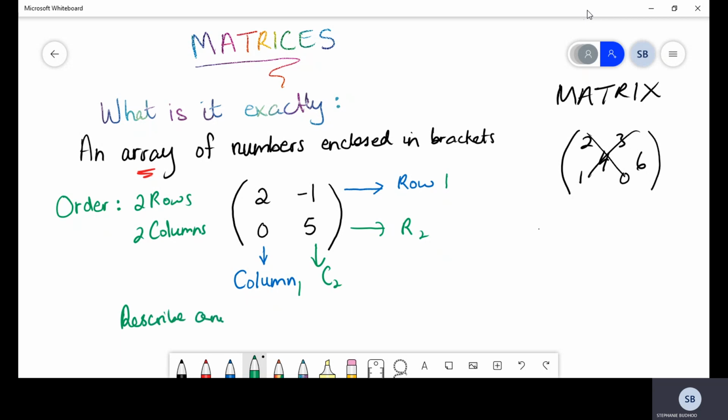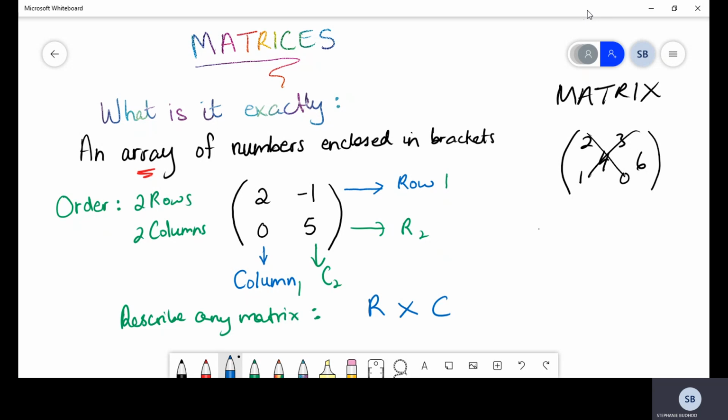Any matrix is described in this format: you start with how many rows you have by how many columns you have.